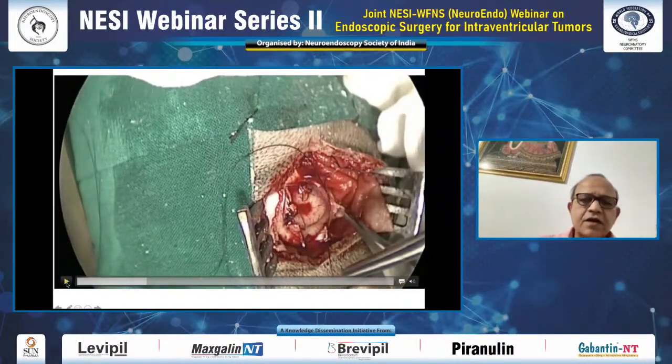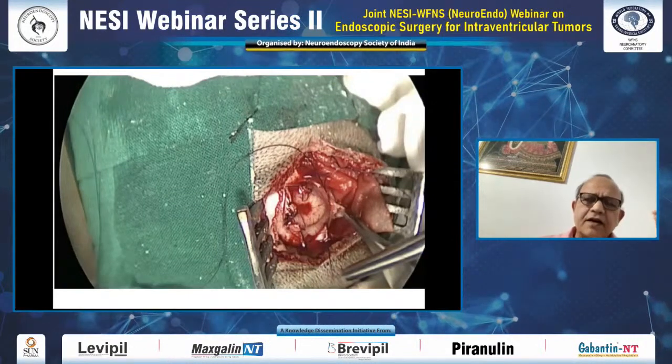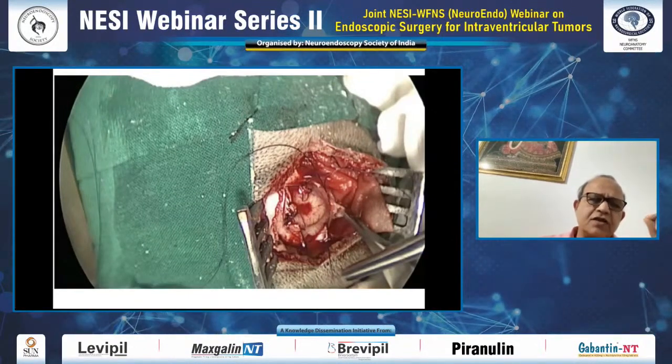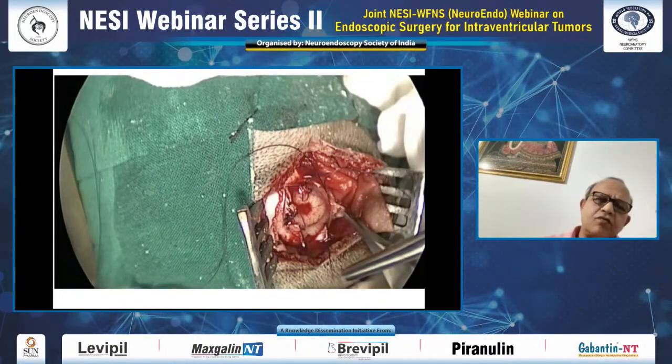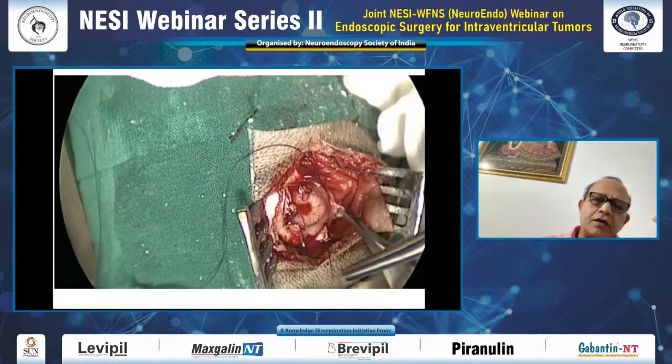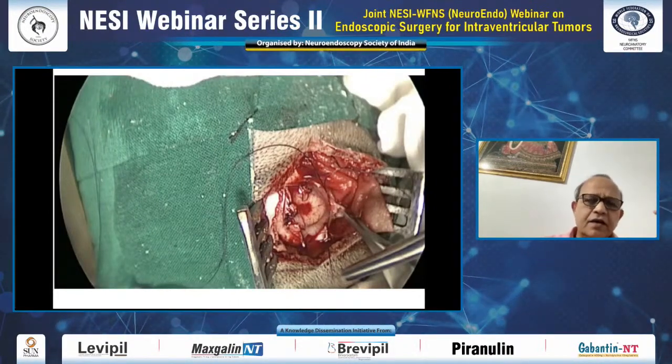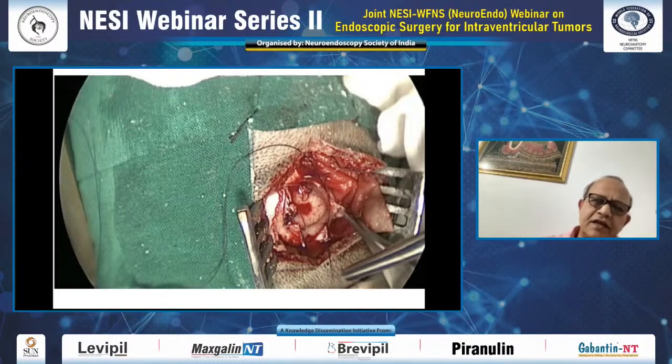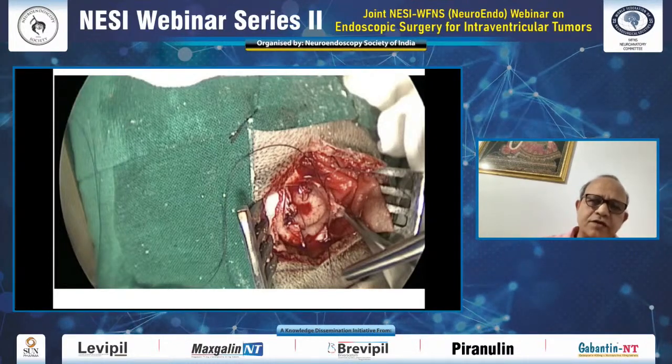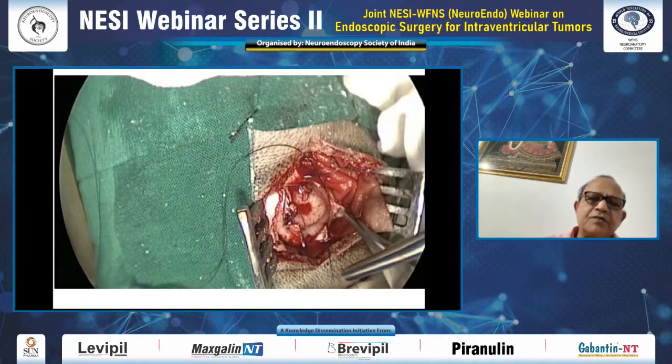Another limitation of the tubular retractor at times is that if you have a huge ventriculomegaly, when the CSF is drained, the brain parenchyma falls and the retractor becomes unstable.